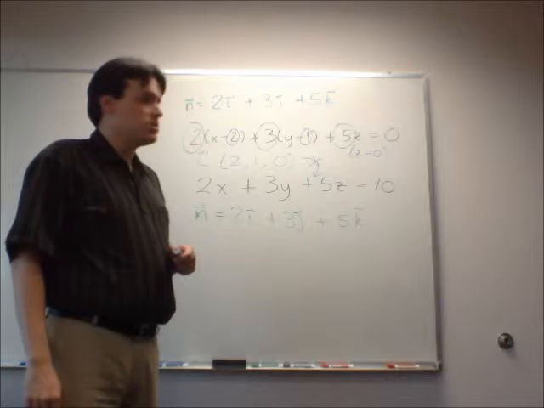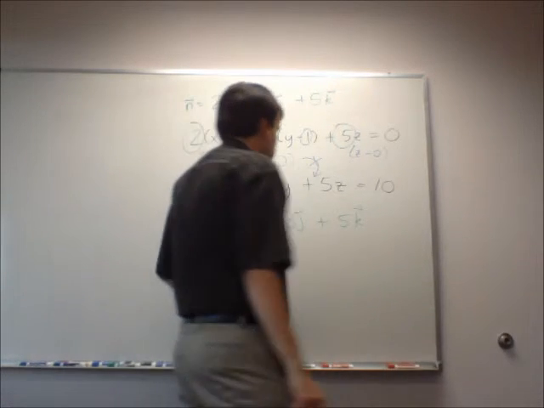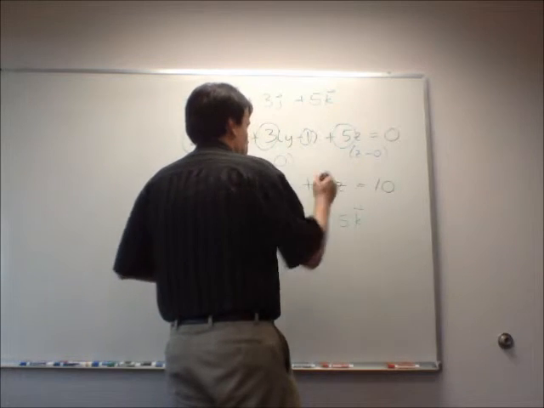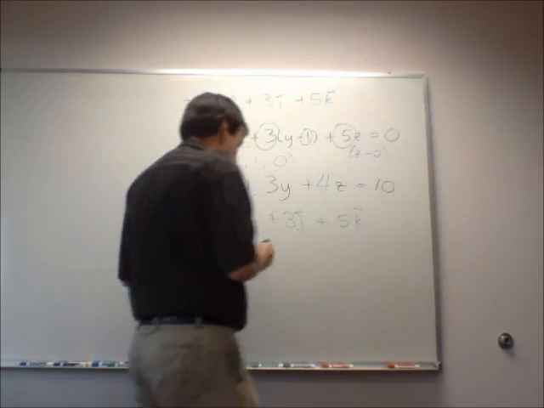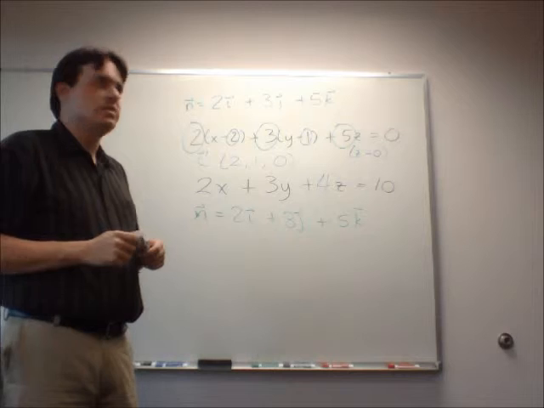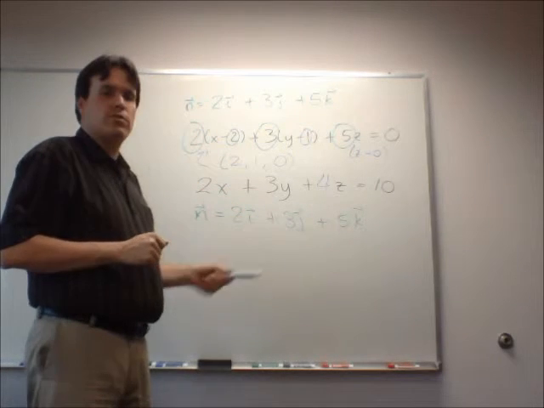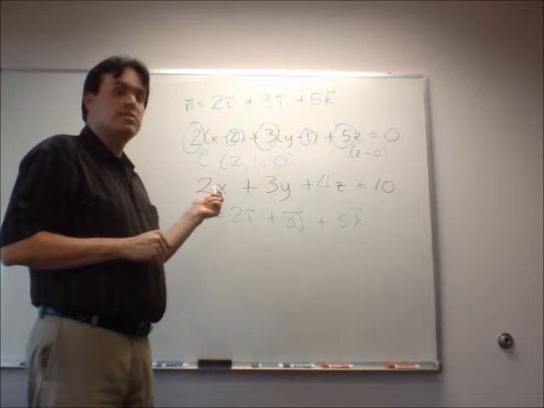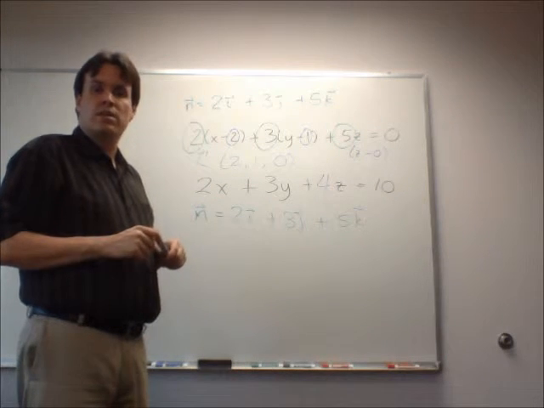They do not intersect. On the other hand, if I put something like a 4z here instead of a 5z, none of this point checking is necessary because I know that these two planes have different normal vectors. Even if they are a bit close together, they are different, which means that at some point in space, they have to meet. They are not parallel.